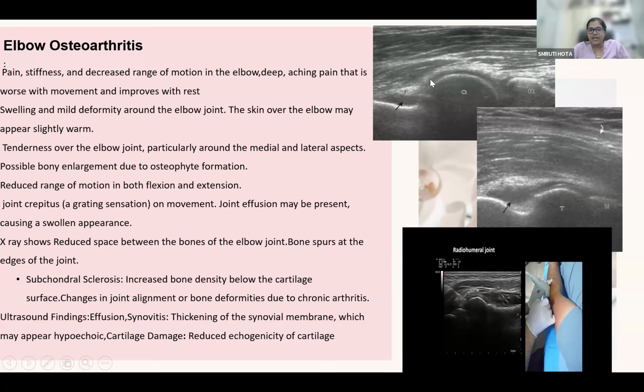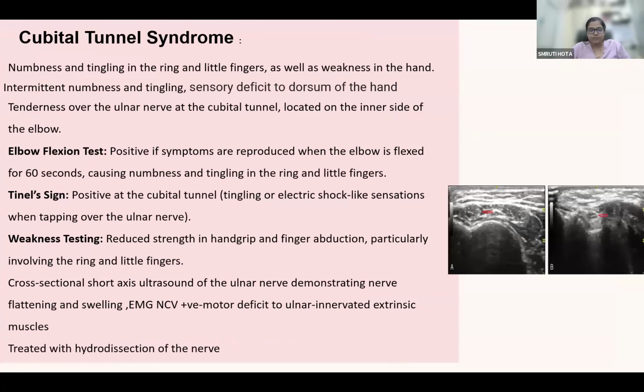The black cartilage area will be reduced. So you can approach through the radiohumeral or ulnotrochlear or posterior joint. There are 3 approaches. Any of these you can use.